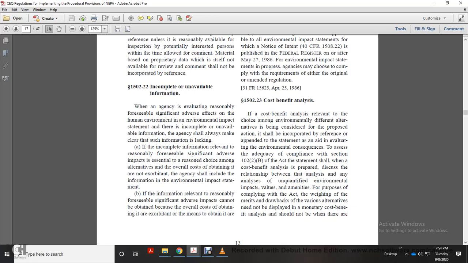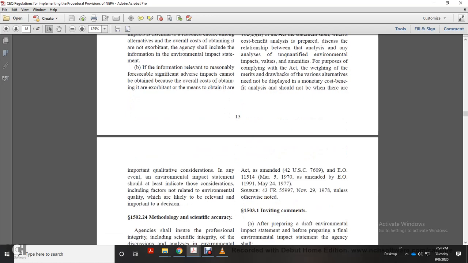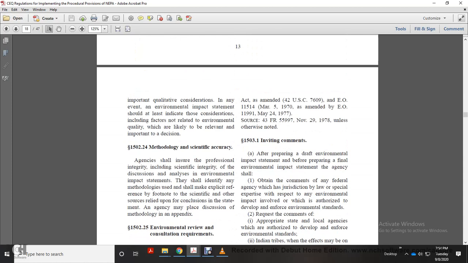The weighing need not be displayed in a monetary cost-benefit analysis and should not be when there are important qualitative considerations. In any event, an environmental impact statement should at least indicate those considerations, including factors not related to environmental quality, which are likely to be relevant and important to a decision.